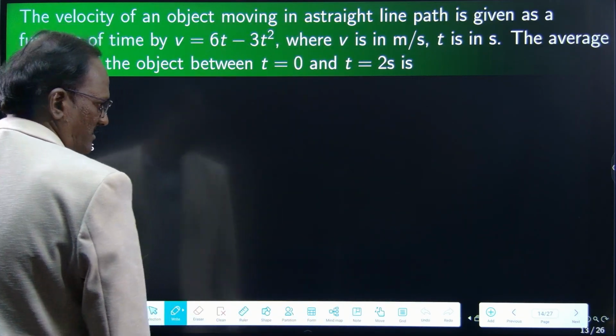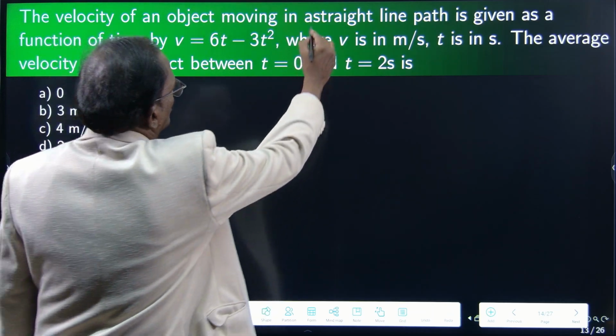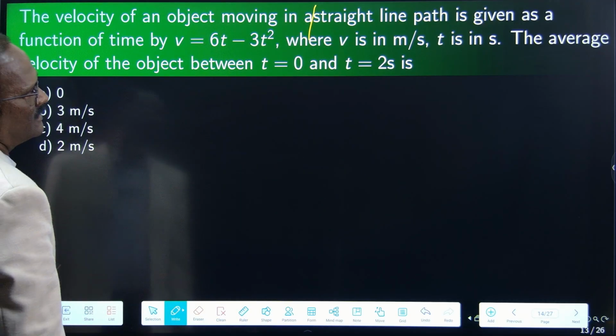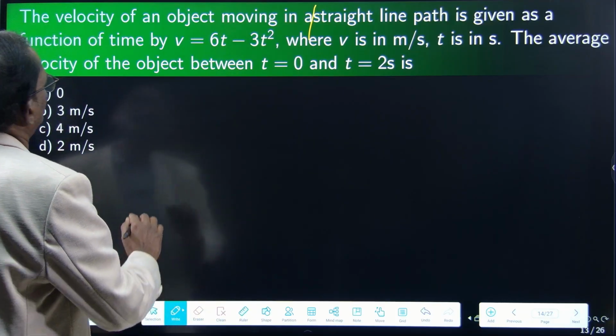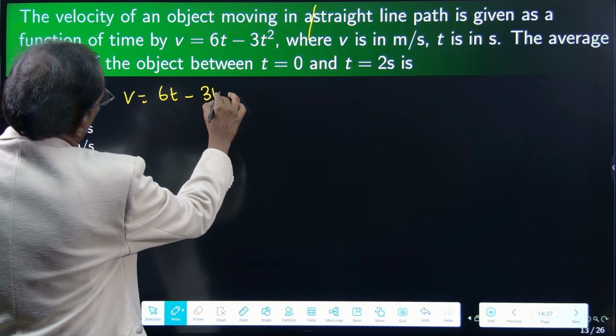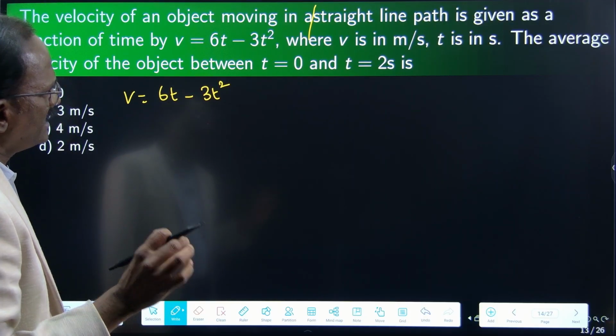Next question: the velocity of an object moving in a straight line path is given as a function of time, v = 60 - 3t², where v is in meter per second and t is in seconds.